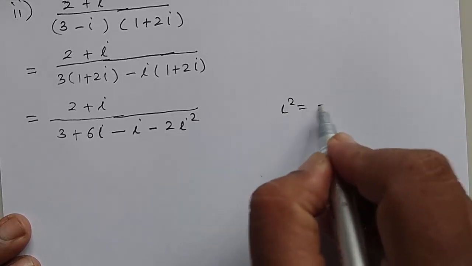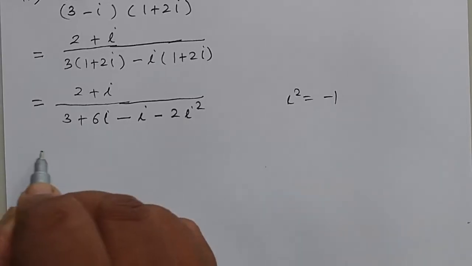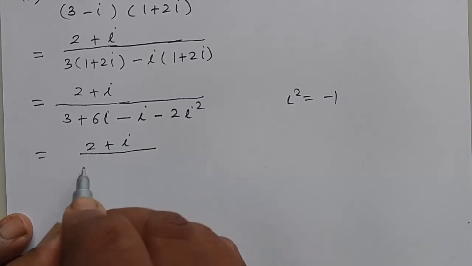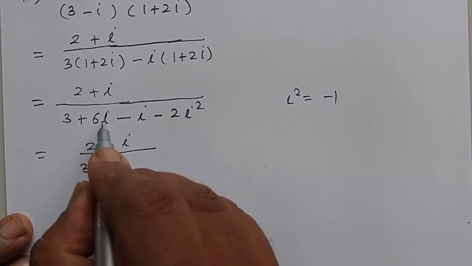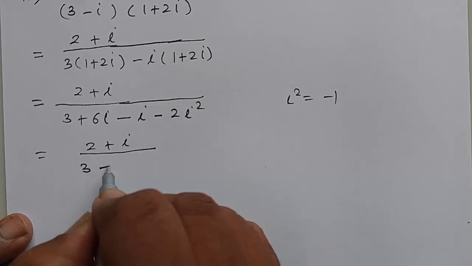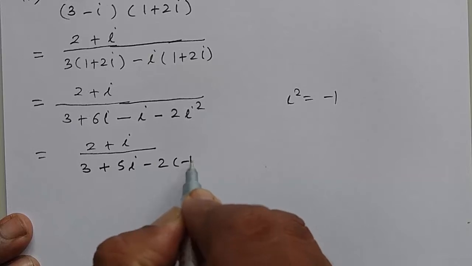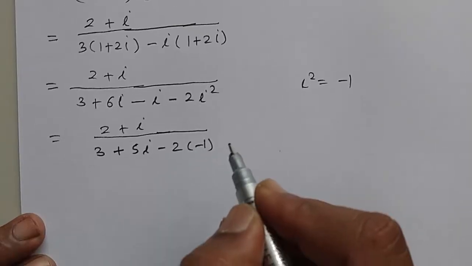i square is equal to minus 1, so this is equal to 2 plus i upon 3. 6i minus i becomes 5i minus 2. i square is equal to minus 1.